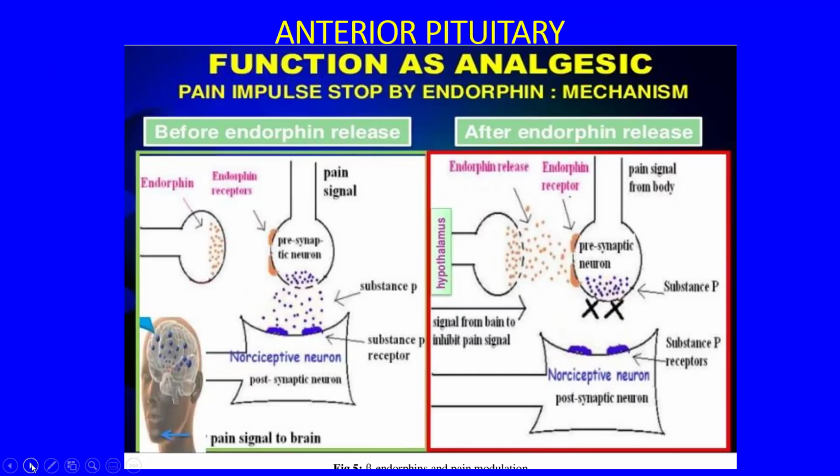As you can see here, if you had a presynaptic neuron and you have endorphin receptors here, they're going to send over and shut down the release of another nociceptive neurotransmitter called substance P. And what happens is you don't have a sense of pain in the brain.